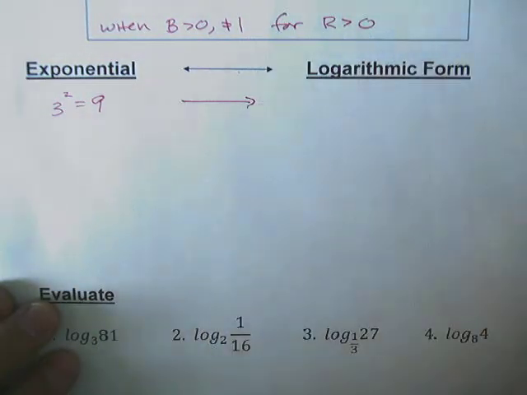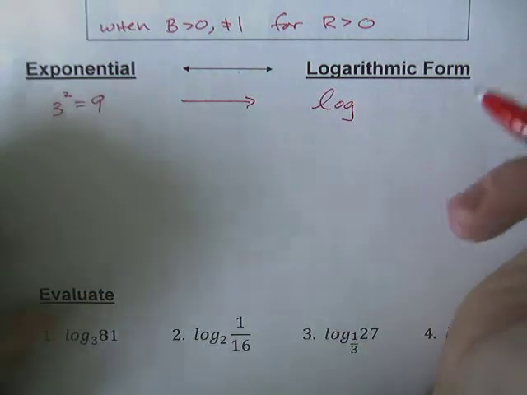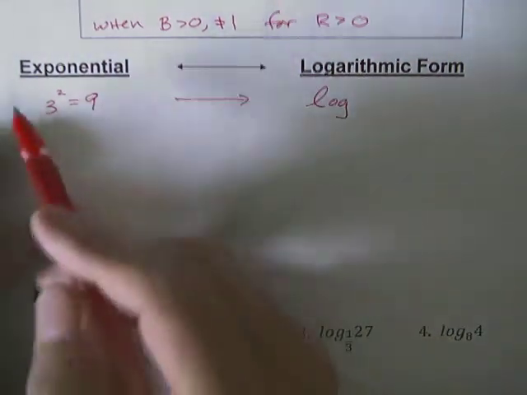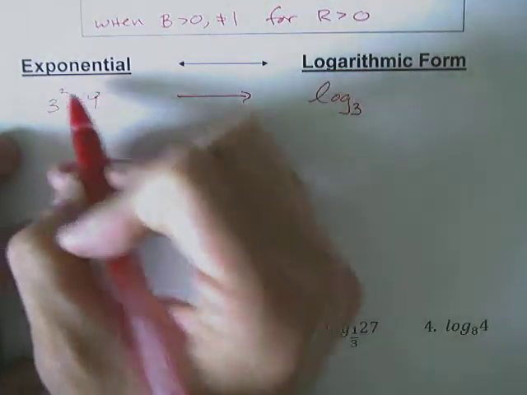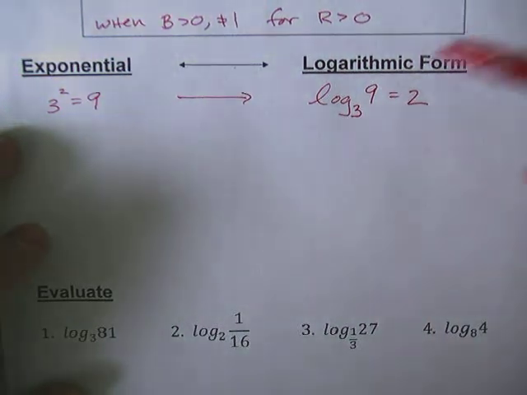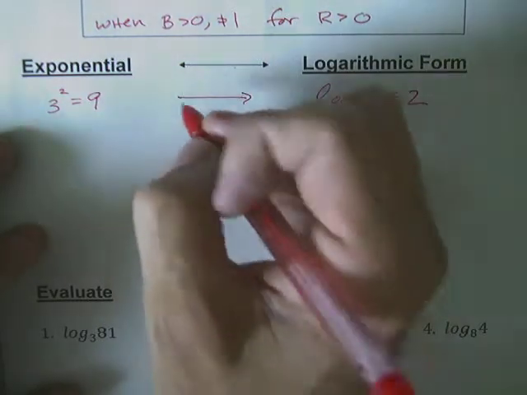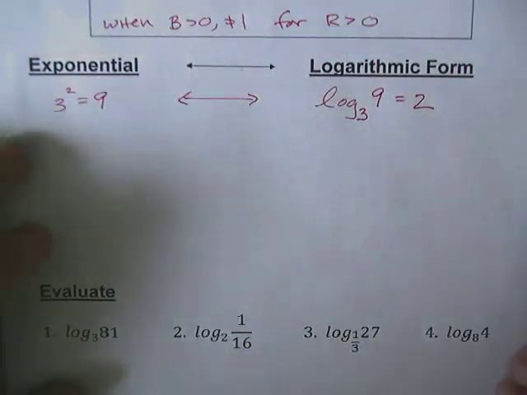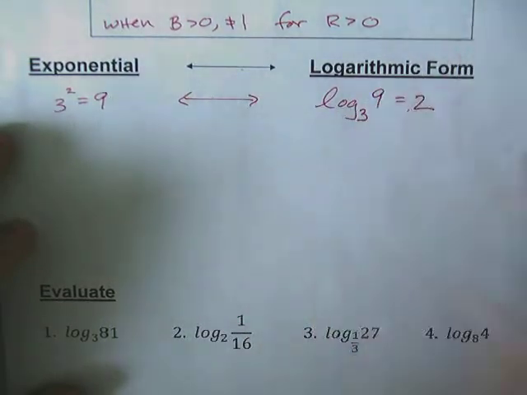If I was going to write that in logarithmic form, the way I would do that is this. I would write log, and then if you're a visual person, what I always visualize is the 3 drops down, and then these two numbers switch. And then I would say that log base 3 of 9 equals 2. These two things are equivalent. They mean the exact same thing.